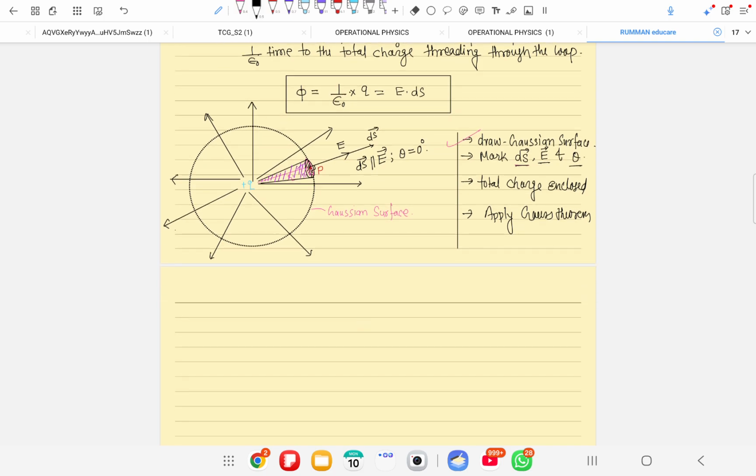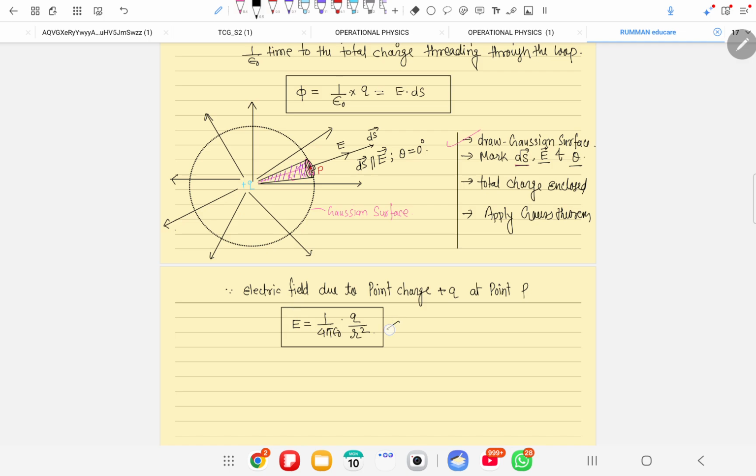As we already know, the electric field due to a point charge plus q at point P is E equal to 1 by 4 pi epsilon naught times q divided by r square.